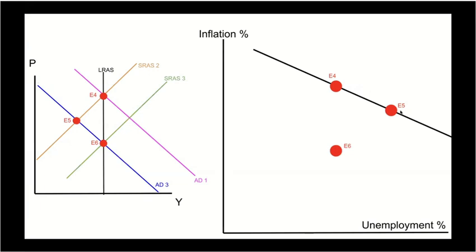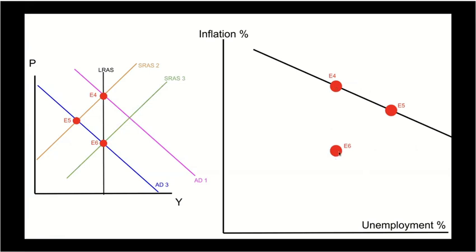When the short run aggregate supply curve gets shifted, we notice that unemployment gets lower. It goes back to the natural unemployment rate that's indicated by the long run aggregate supply curve.